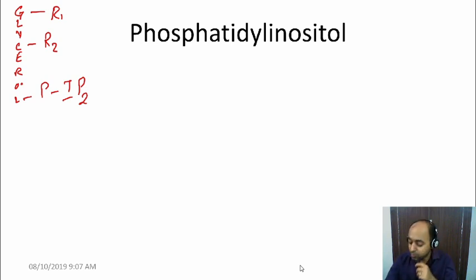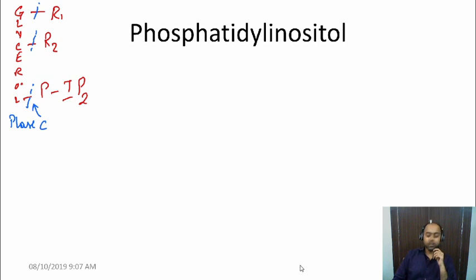Now we have the enzymes called the phospholipases. The different types are there, A, B, and C, which will cleave the attached groups at the different carbon 1, carbon 2, carbon 3. The phospholipase C will cleave the bond at carbon 3.